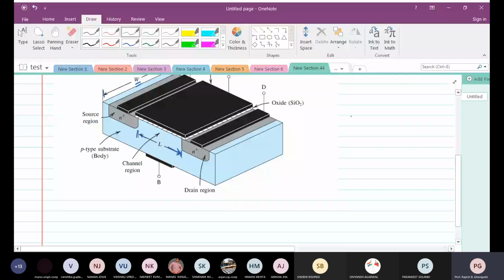It is as if you have a conductor plate and you have this SiO2 layer in between. So this capacitance due to the oxide is called COX, and it is given by epsilon OX by the thickness TOX of the oxide layer. So this is the permittivity of the oxide layer, that is the SiO2.